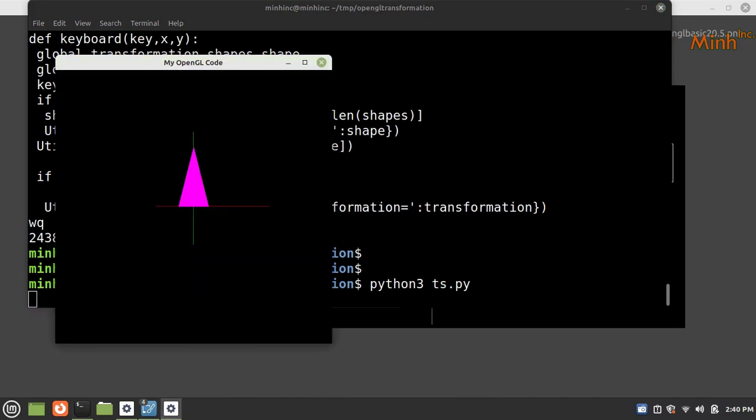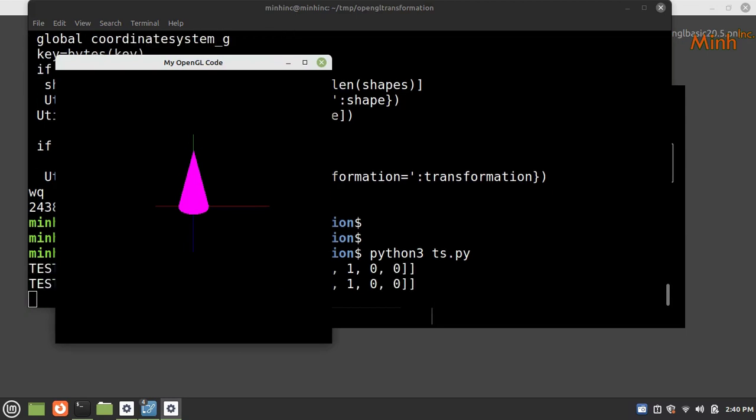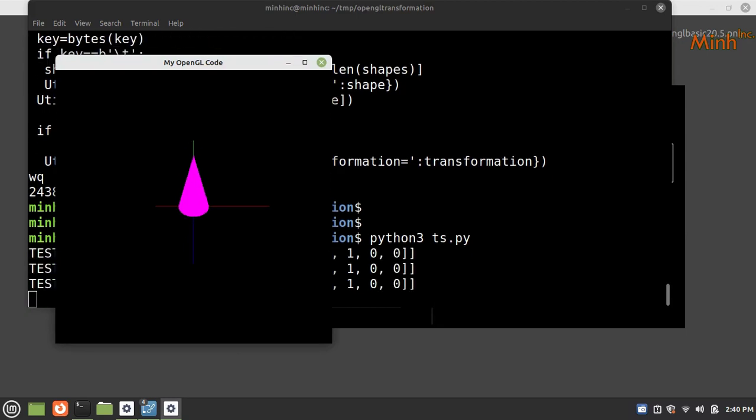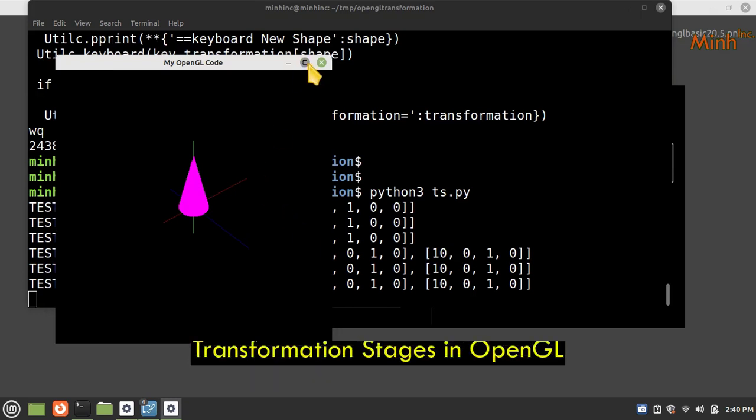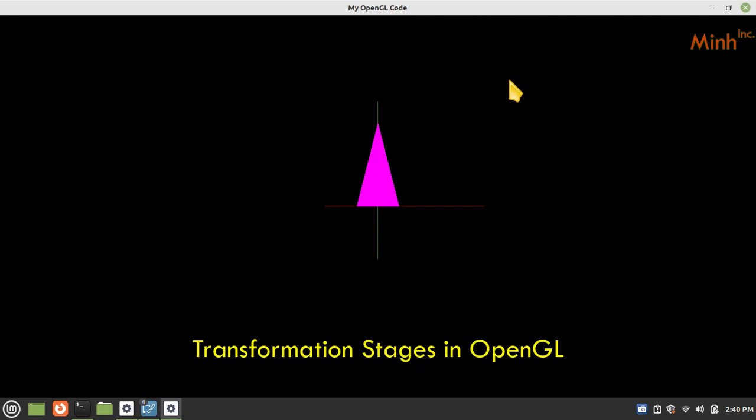Okay, so I'll change. So we are rotating across x-axis, and then we are rotating around y-axis. Okay, I think I can make it little bolder. X and y.